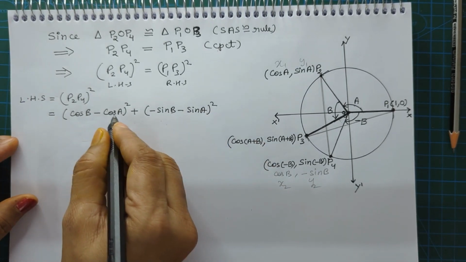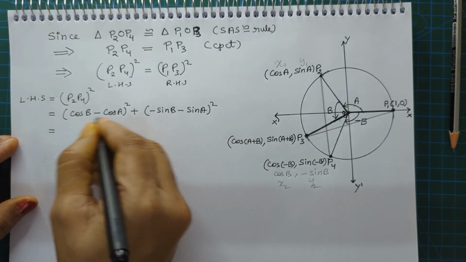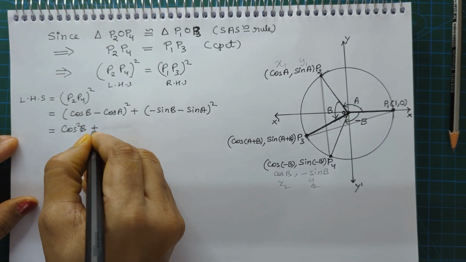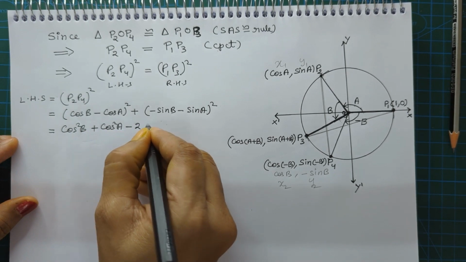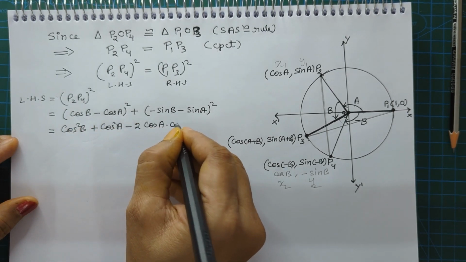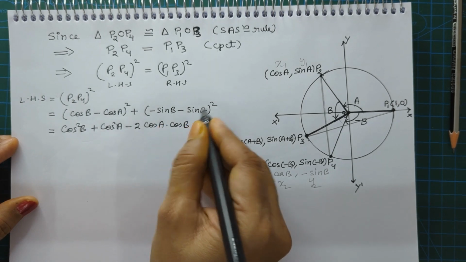We go for (a minus b) whole square and (a plus b) whole square for the expansion. Okay, we expand them. So this is a square plus b square minus twice a into b, so I am writing cos a into cos b. Then plus, this is the (a plus b) whole square expansion.